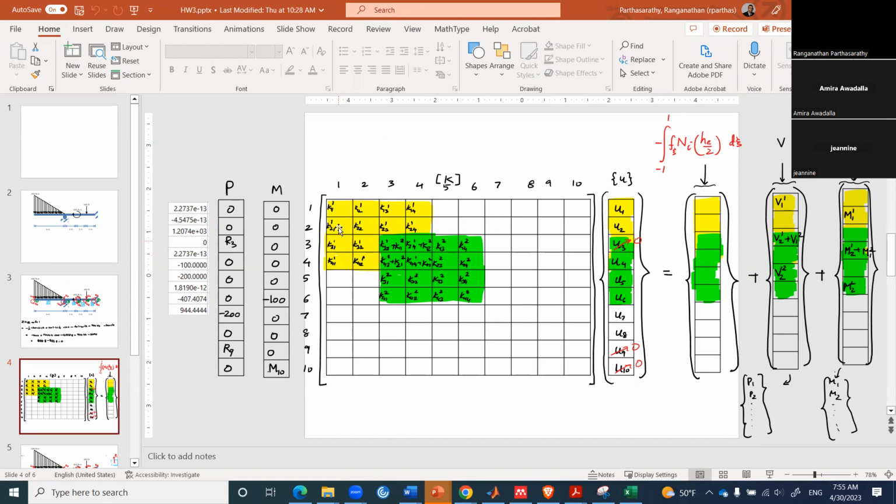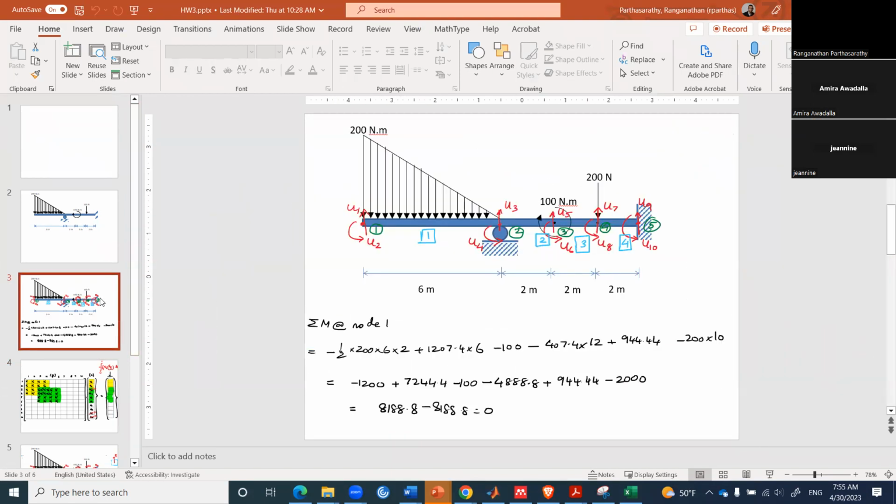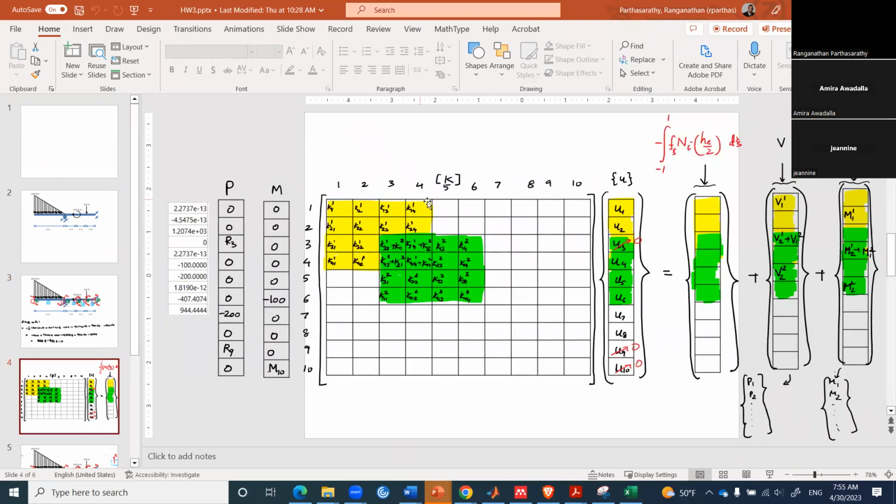And in that space, the local stiffness matrix for element 1 should sit in 1, 2, 3, 4, because element 1 has the degrees of freedom 1, 2, 3, 4. Element 2 has 3, 4, 5, 6. Element 3 has 5, 6, 7, 8. Element 4 has 7, 8, 9, 10, right? So element 1 stiffness matrix will come here, element 2 will come here, and so on, right?